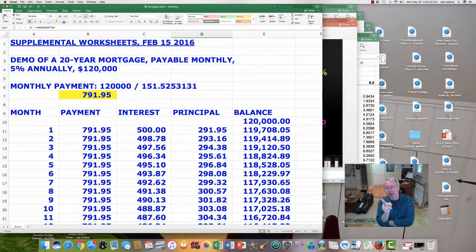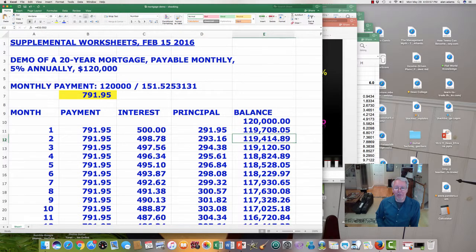You're going to multiply $120,000 times that number, and it's going to give you $500. So when you make your very first payment of $791.95, $500 of it is interest. A measly $291 reduces your principal from $120,000 down to $119,708.05.